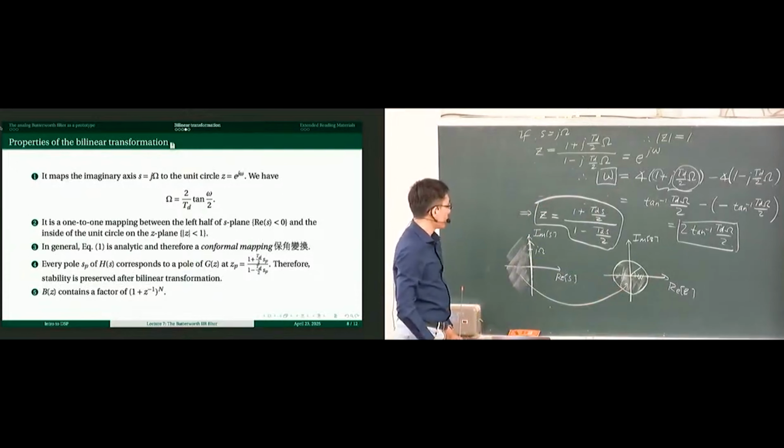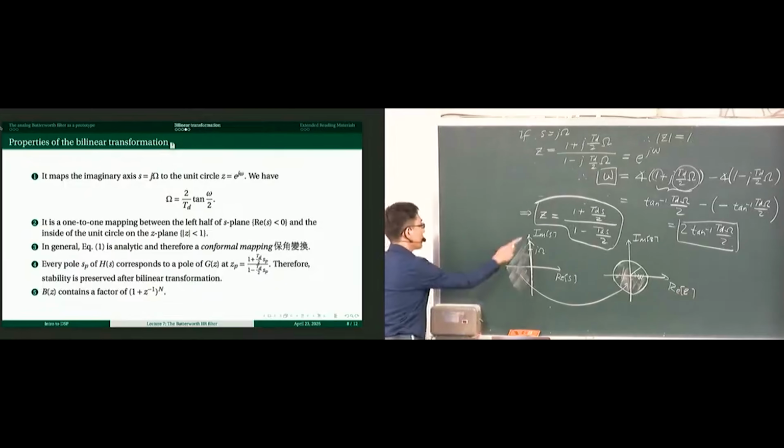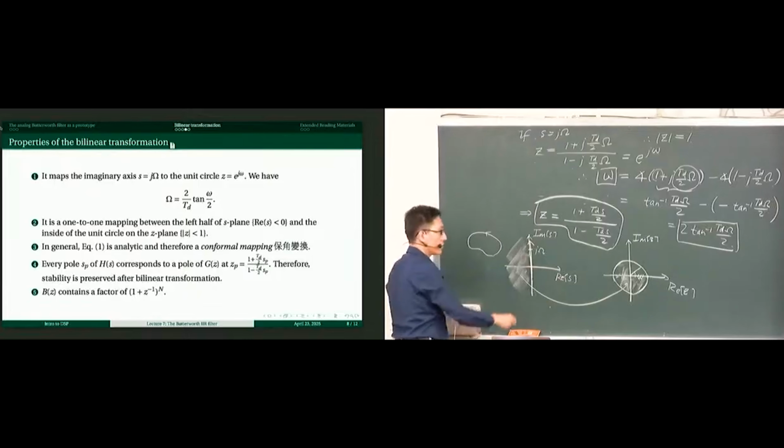So the principle is that this is a property of complex function with a complex variable, okay? 复变的一个 basic property, which says that if you have a closed contour and the orientation is counterclockwise, and you take it from S to Z.